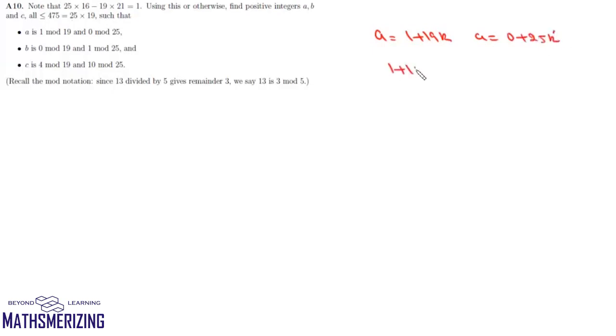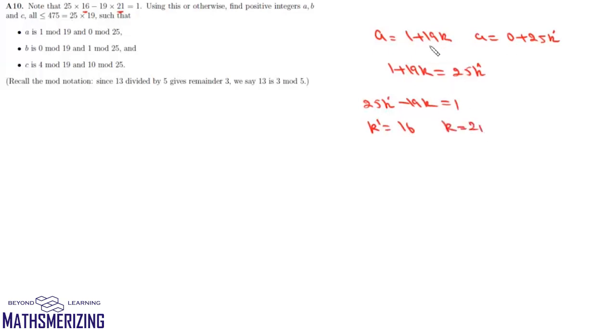Now 1 plus 19k is equal to 25k dash. We can write 25k dash minus 19k equals 1. It is already given that 25 into 16 minus 19 into 21 is equal to 1. So that means we can take this k dash as 16 and this k as 21.